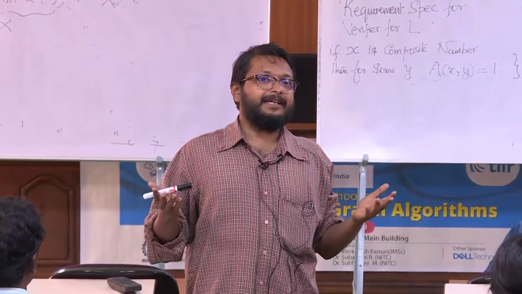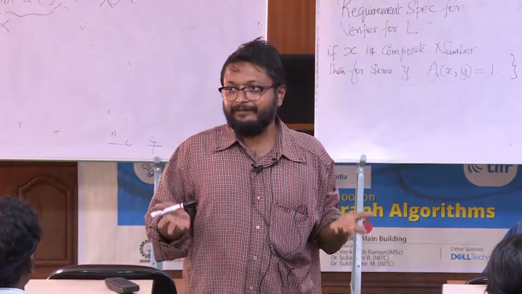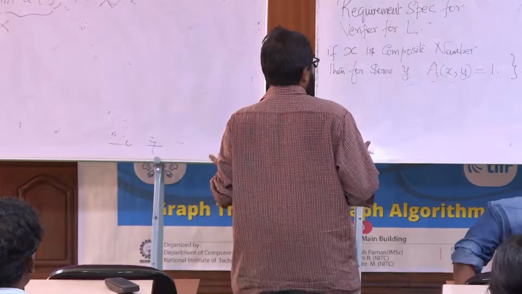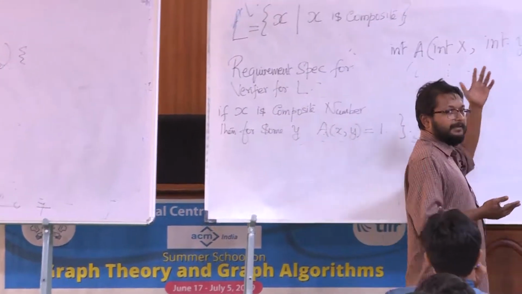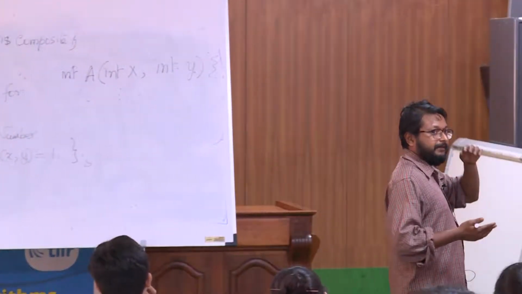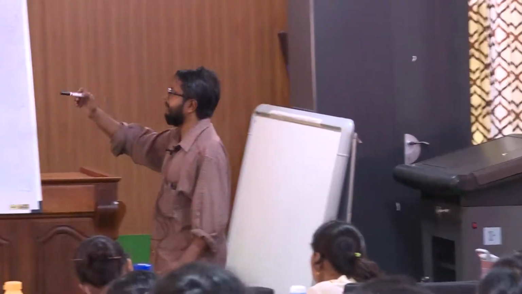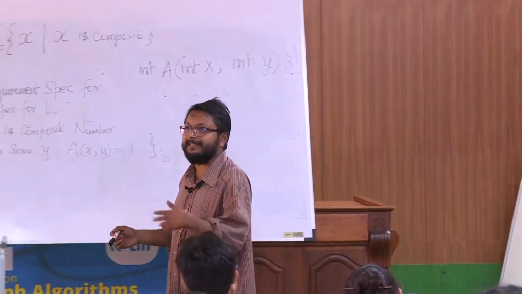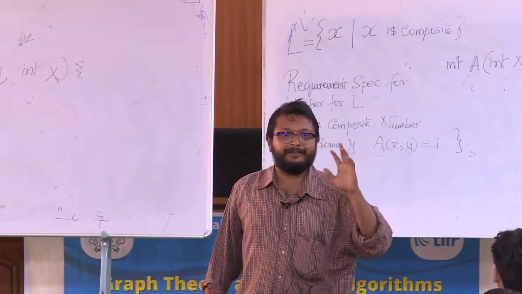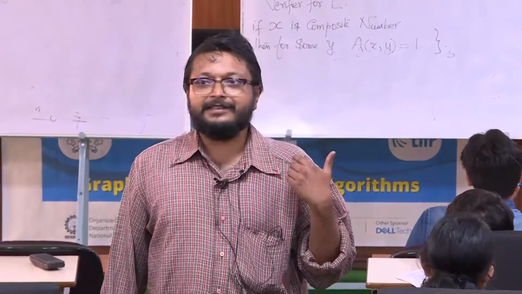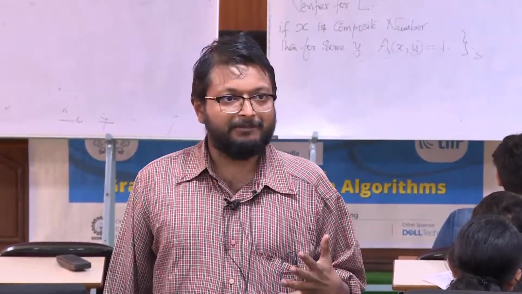You should not allow the algorithm to get cheated. There should not be false positives. There can be false negatives. That means even if x is composite, if the certificate goes wrong, the algorithm may throw you out from logging in. That's fine, that happens very normally. But false positives are not accepted. That's what a verifier is supposed to do.